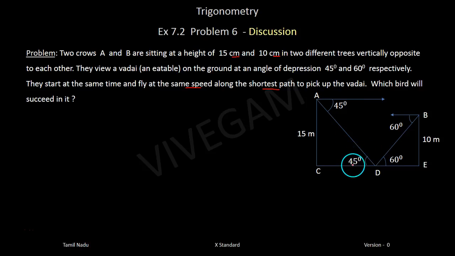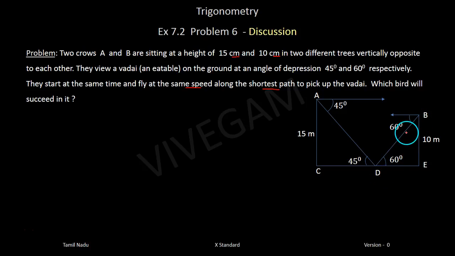Look at this triangle ACD. Sine 45 will be 15 by the opposite side, so you can calculate this side AD using that relationship. Similarly sine 60, opposite side divided by hypotenuse, that is 10 meters divided by BD, from which you can calculate BD.